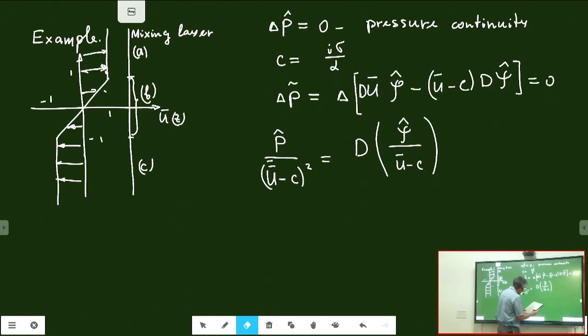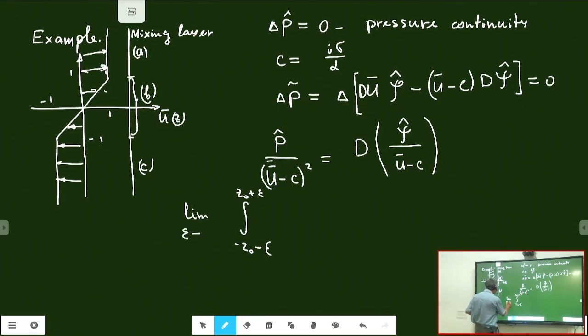But what we can do is consider the integral between z0 minus epsilon and z0 plus epsilon. I will explain what I mean by these epsilons.